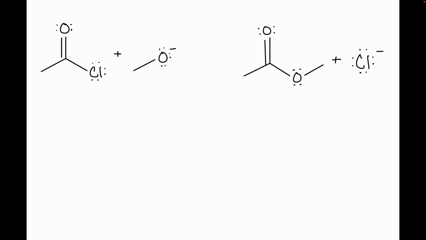So first of all, this reaction here, according to what we just discussed, which way does it go? In the forward direction or in the reverse direction? In the forward direction. We're going to convert something more reactive to something less reactive, right? But why?